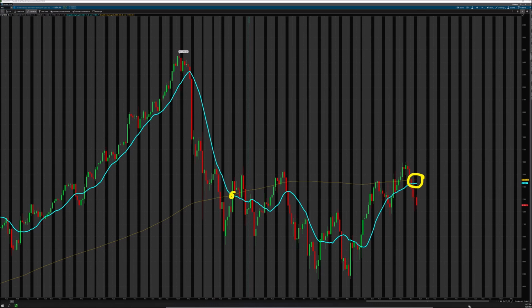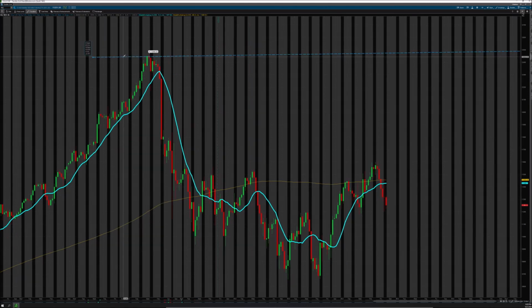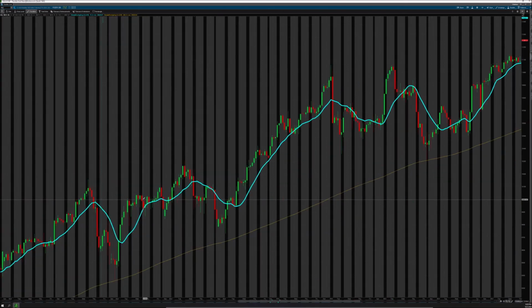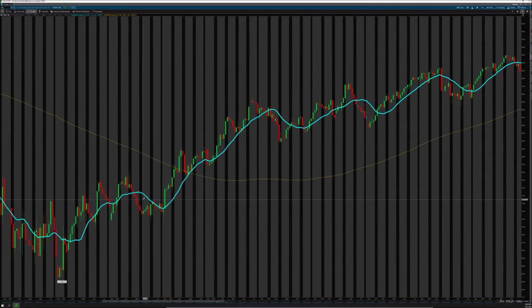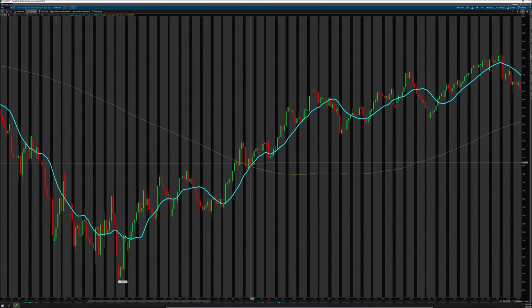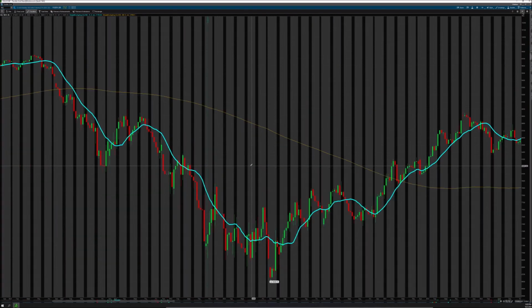As you guys saw from April, once it crossed, it got a good decent move.